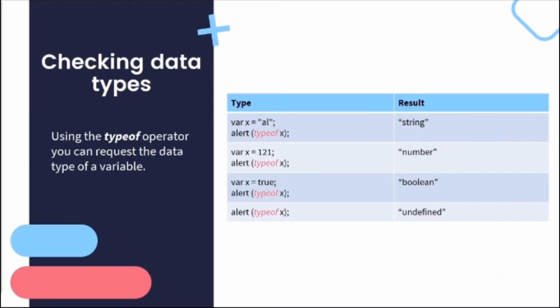We're doing exactly the same for the second row, where we have variable x and we've set it to 121. We then call the alert function, and inside the typeof operator we assign the x variable, and then we get the result number. And the same holds true for the last two examples, where x is a Boolean, and the last one, typeof x, is just undefined because we haven't assigned any value to it.